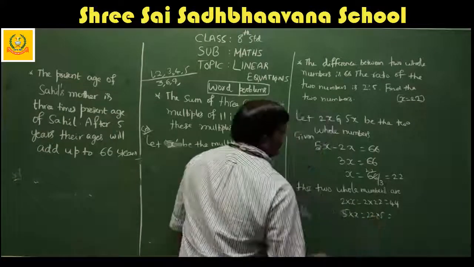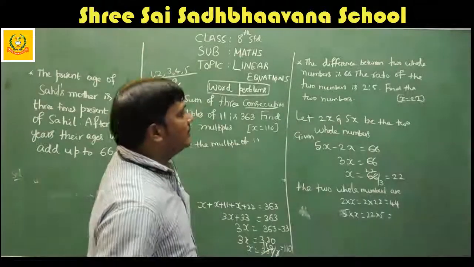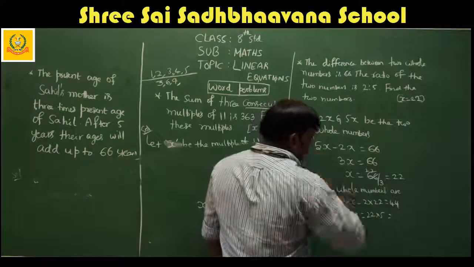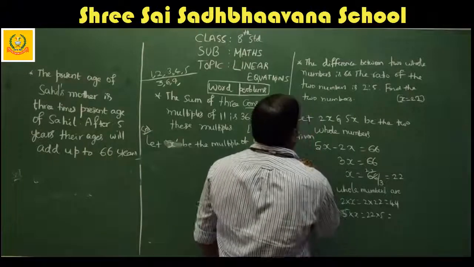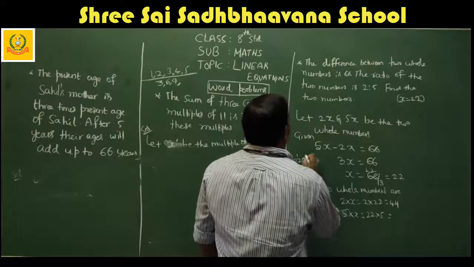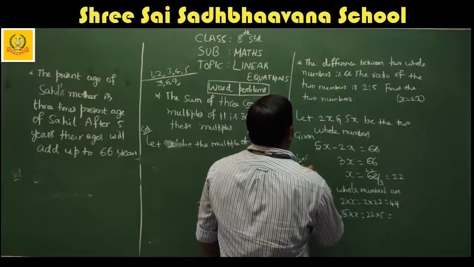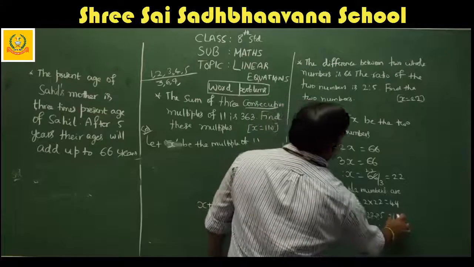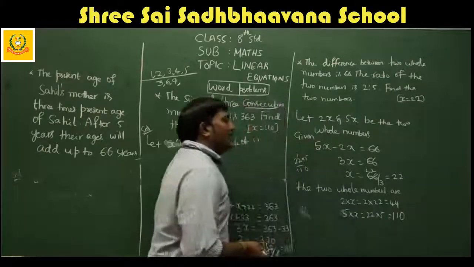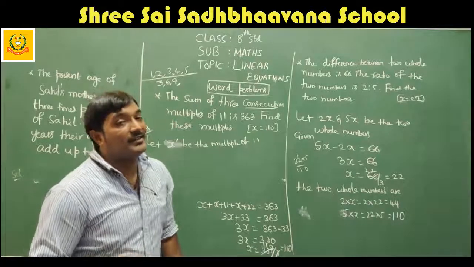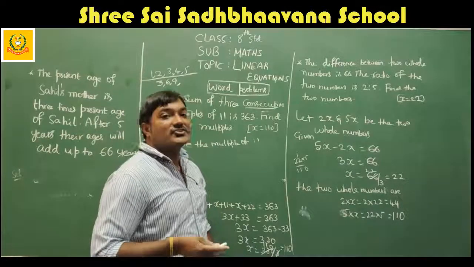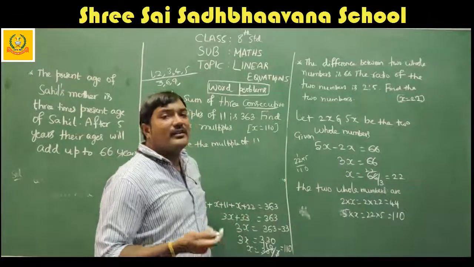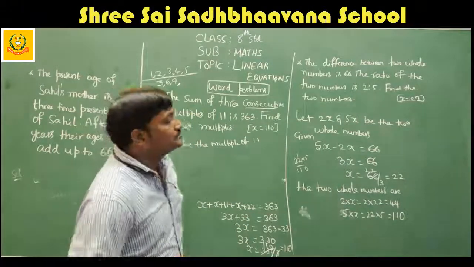How much will you get? 110. Just check: 110 minus 44, you will get 66. So our sum is correct. You can verify like that, but verification is not compulsory.